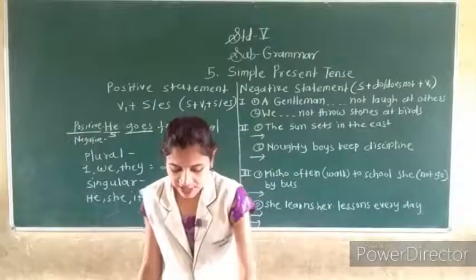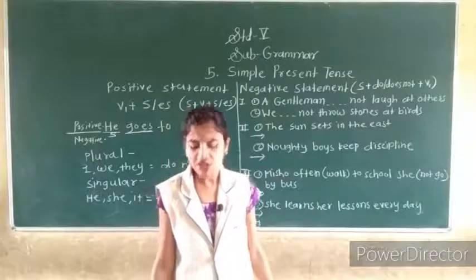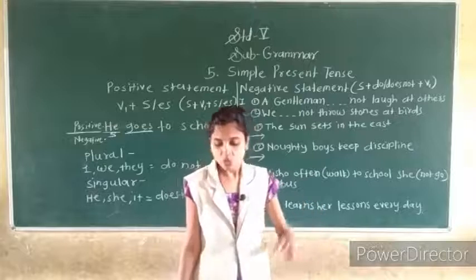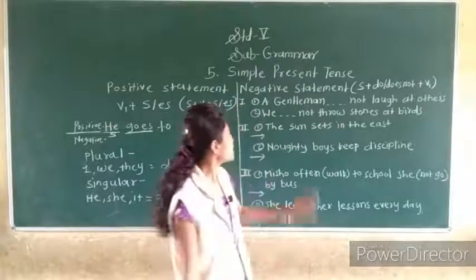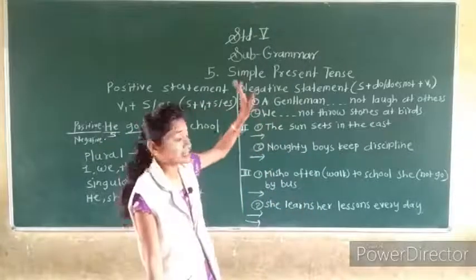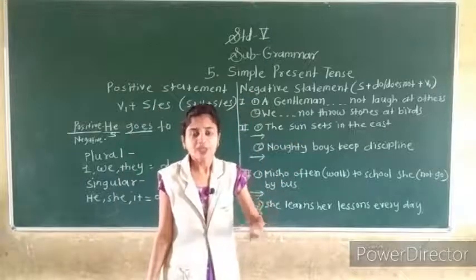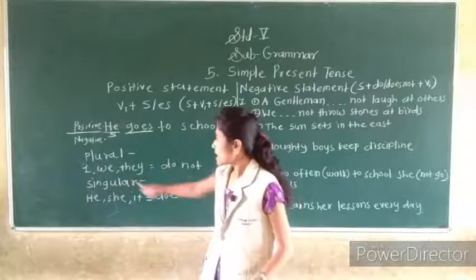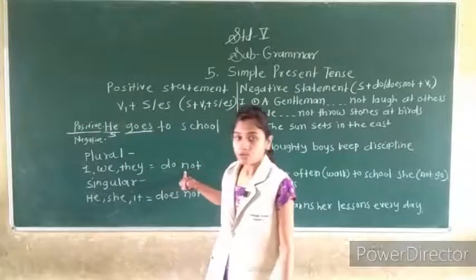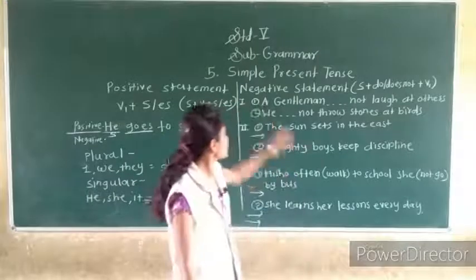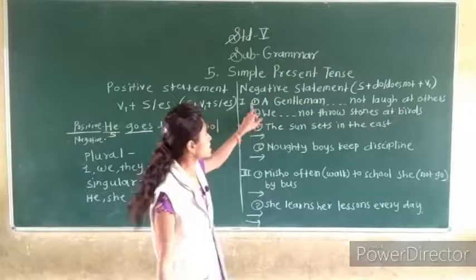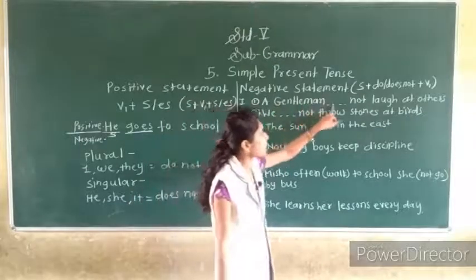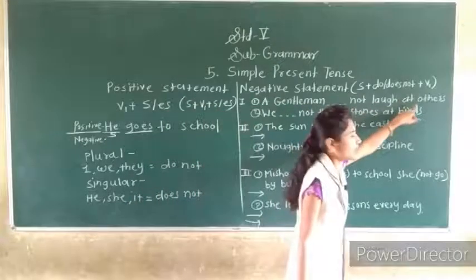The first exercise is fill in the blanks with do or does. Here we are only using do or does. If it is singular, you use does not, and if it is plural, you use do not. First example: a gentleman, blank, not laugh at others.